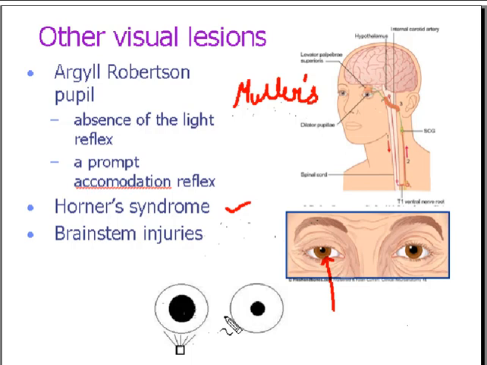Because the parasympathetic system is involved, now the sympathetic system becomes overactive. So it's the opposite of Horner's syndrome. So what happens is that the pupil on that side is dilated and it doesn't react to light. So that's why we say it's fixed and dilated. So this is what you're seeing, and if you look at the PowerPoint, you can see that this will not show any reaction, whereas this one will constrict and dilate because this is a normal pupil.